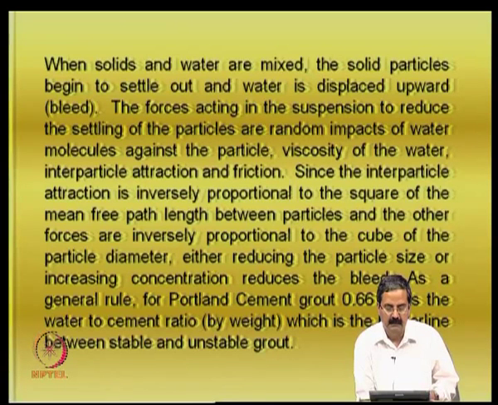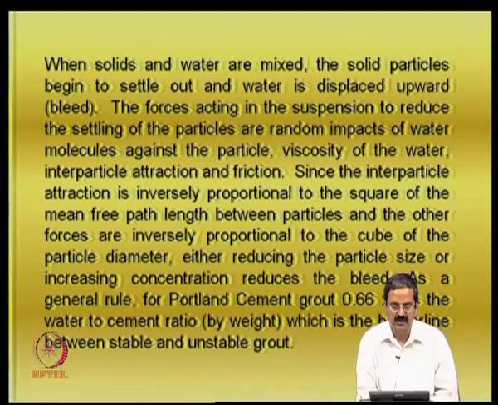length between the particles. It is similar to the F1 F2 by d square formula, right. A simple formula that we know in the basics: the interparticle attraction force depends on the two particles having charges, and it is also inversely proportional to the cube of the particle diameter.